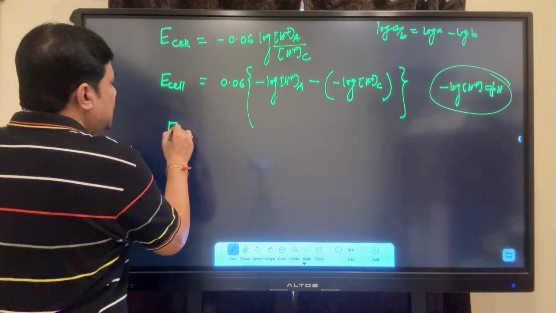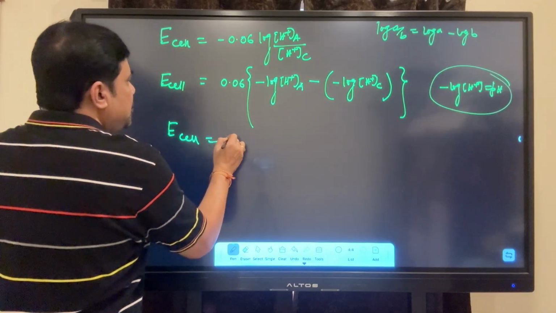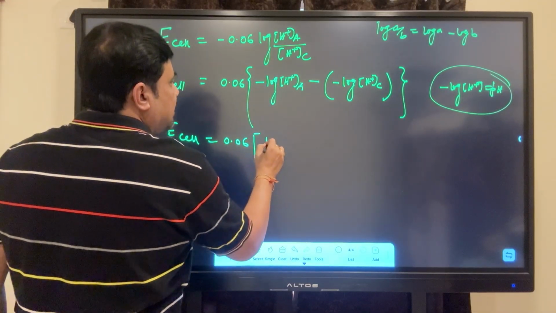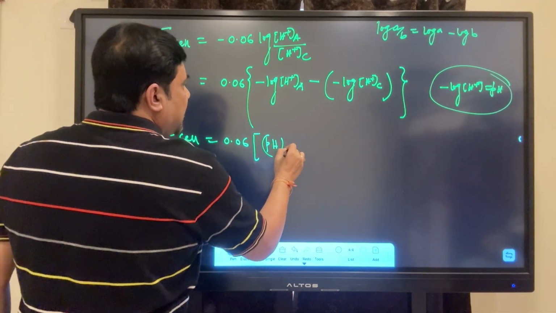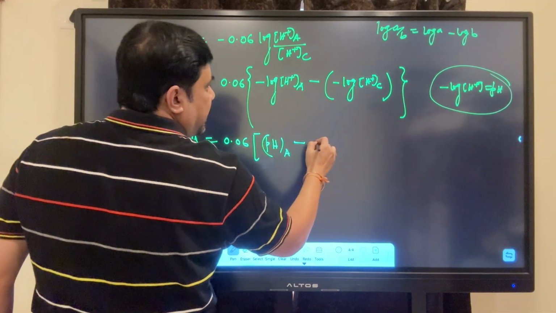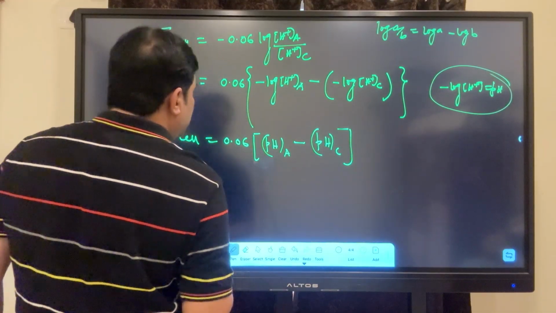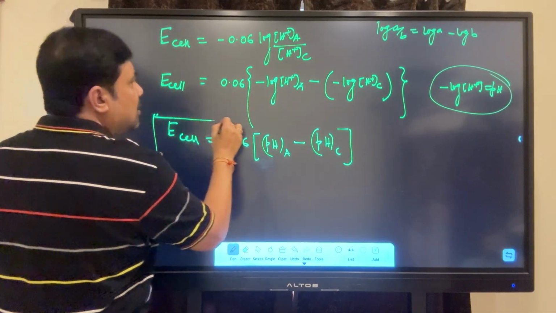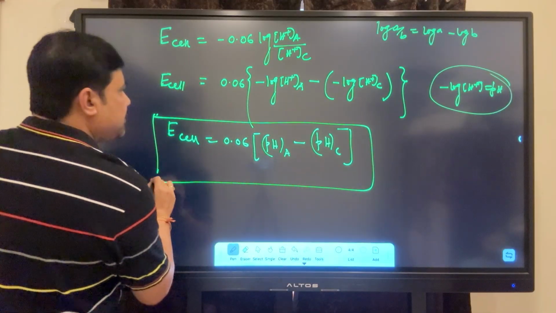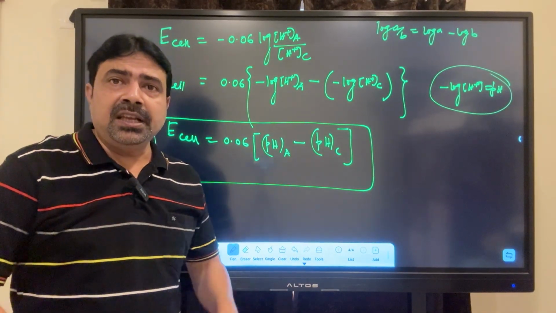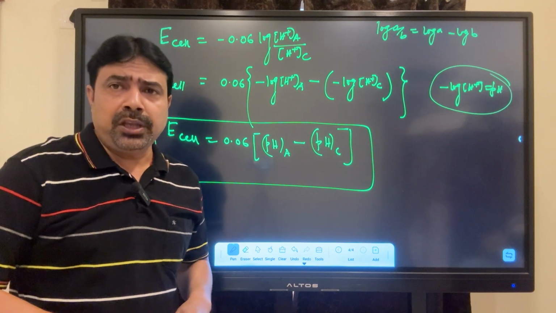Then I can write E cell equals 0.06, instead of minus log of this one, I can write pH of what? Anode minus this one, pH of cathode. That way also we can express that for the hydrogen electrode, E cell will be equals to 0.06 into pH of anode minus pH of cathode.